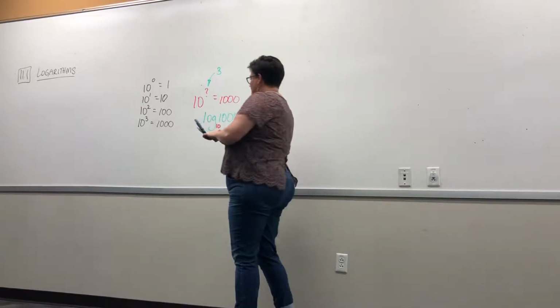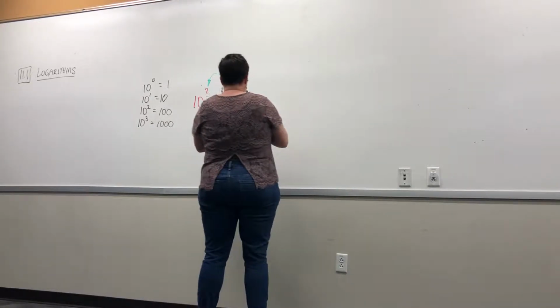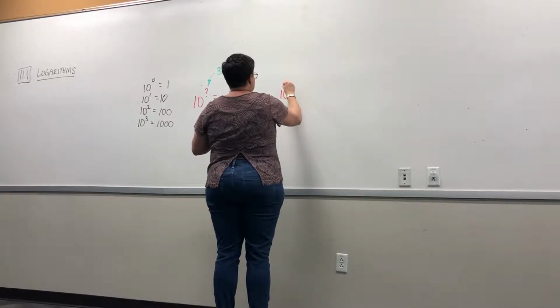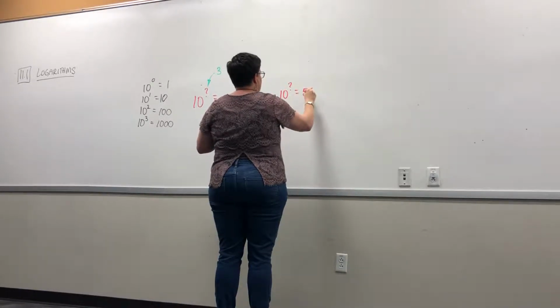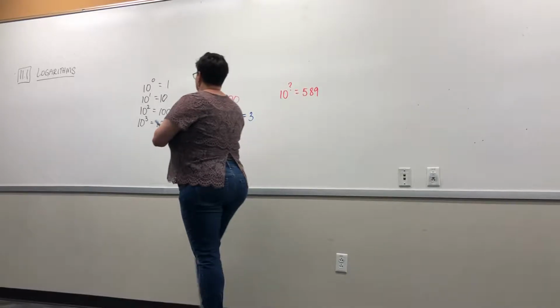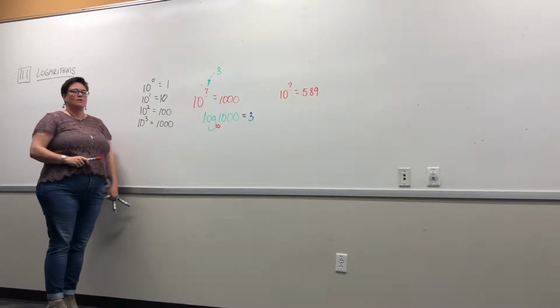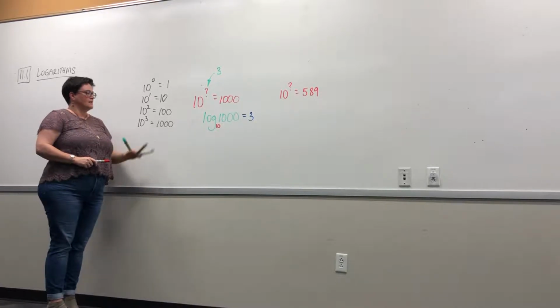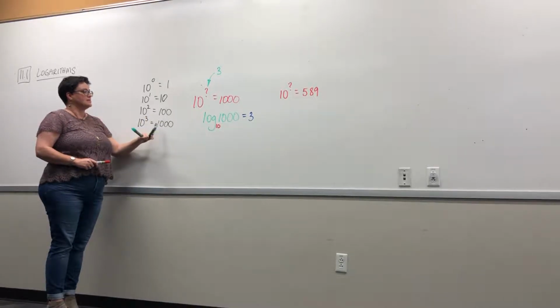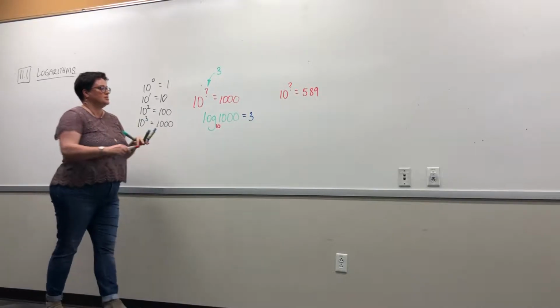So what if I said 10 to what power equals 589? Well, where's 589? It's between what and what? 2 and 3. Yeah, it's going to be between 100 and 1,000, so your answer had better be between 2 and 3.